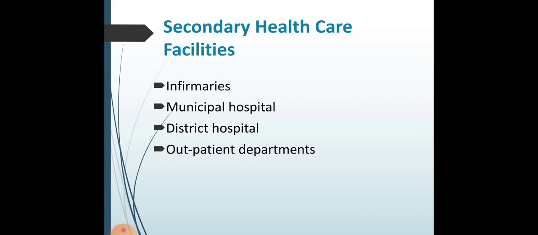And then, so these are the types of facilities which offer secondary healthcare. The first one is infirmaries. So they are small hospitals, municipal hospital, district hospital, and outpatient departments, which also offer secondary healthcare facility.